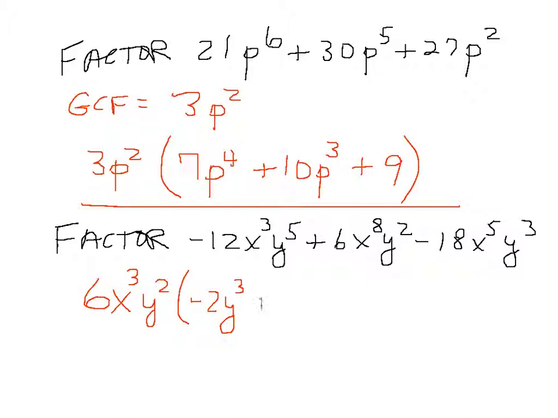This is going to be a plus x to the 5th. And this is going to be a minus 3x squared y, same as y to the 1st. Okay, so make sure you understand that before you move on to the next problem.